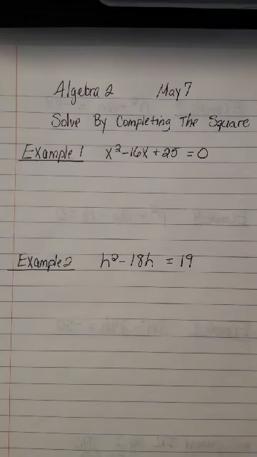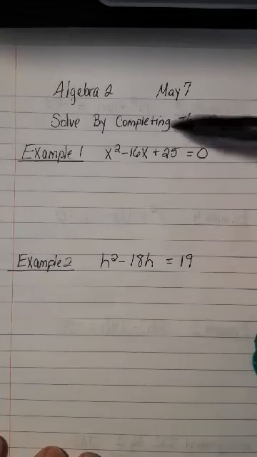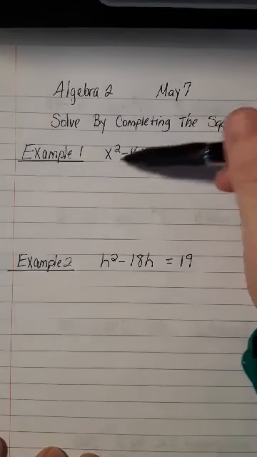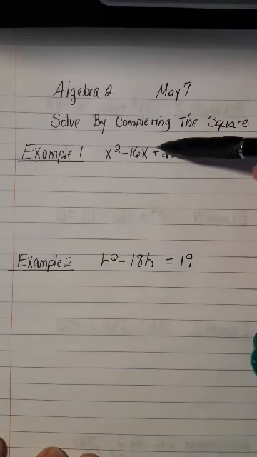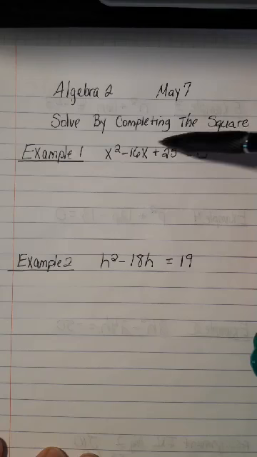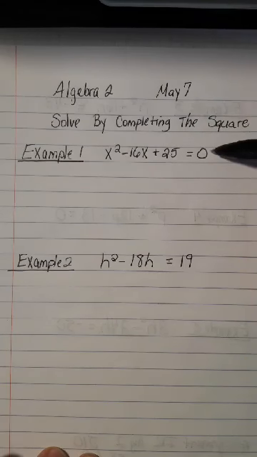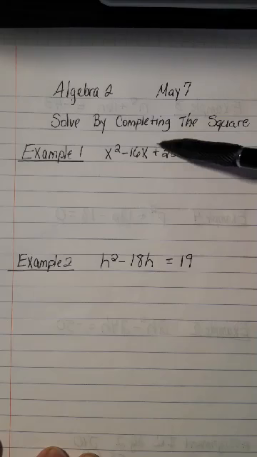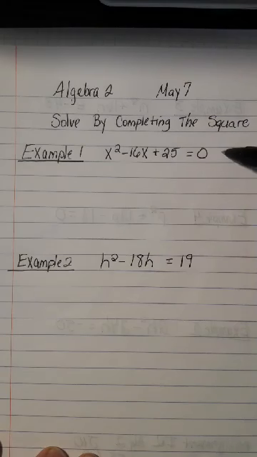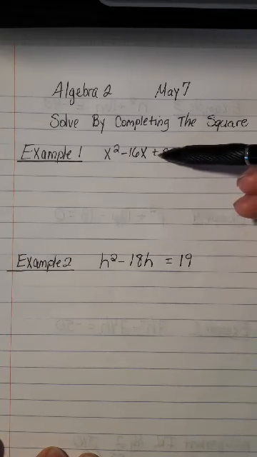So the first step is to always make sure that the C term at the end of your quadratic trinomial, that last term that's a constant, needs to be on the other side. You don't want to have 0 over here. You want to have this 25 over there on the right side. So, to get rid of the 25 on this side, we have to subtract it, because remember, you do the opposite of what's in front of it.